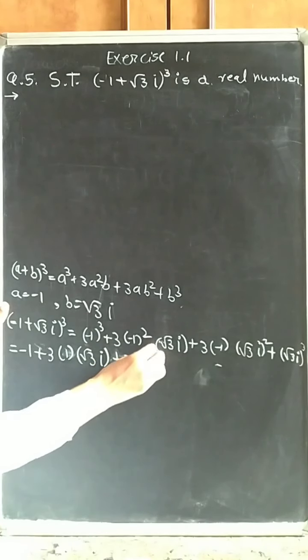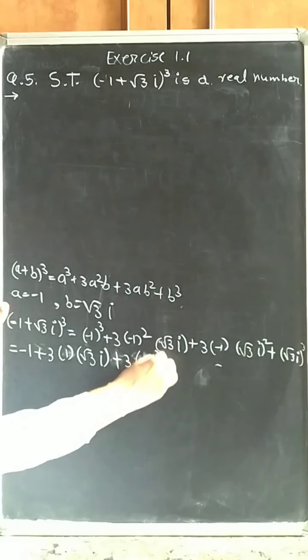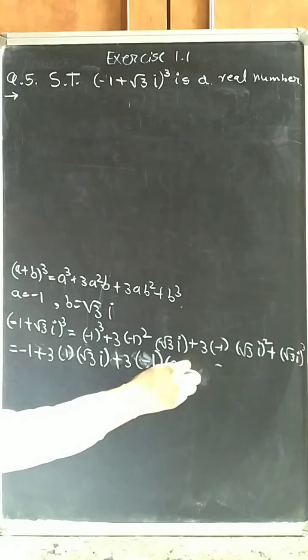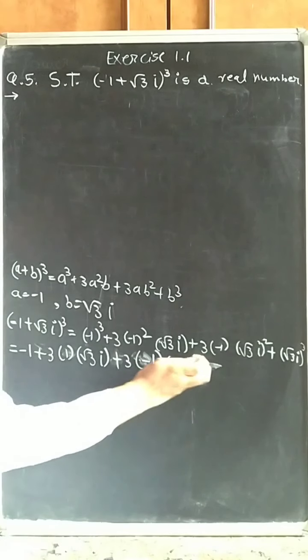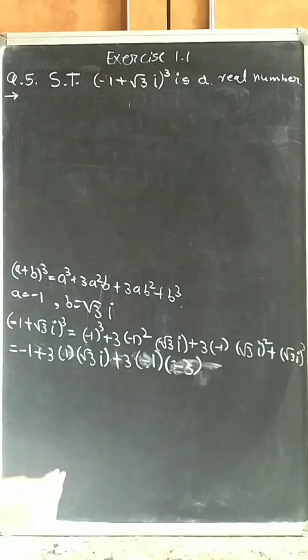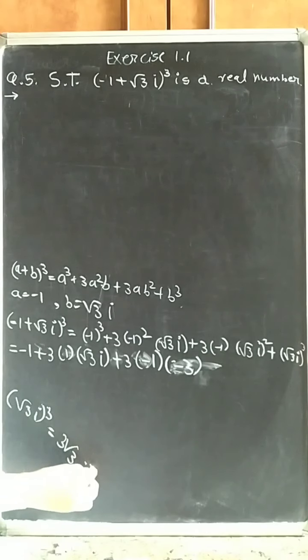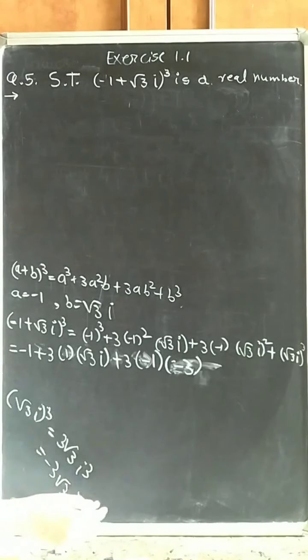3 into minus 1 square is 1, root 3i as it is. 3 into minus 1 is minus 3, minus 1 into root 3i square; root 3 square is 3 and i square is minus 1, so this is minus 3. And root 3i cube we will solve on the side. Root 3 cube is 3 root 3 and i cube is minus i, so minus 3 root 3i.